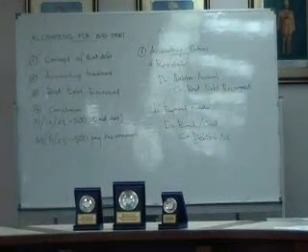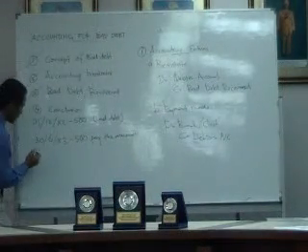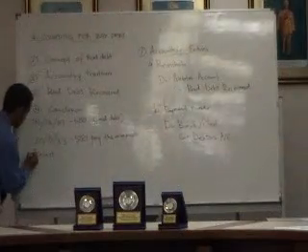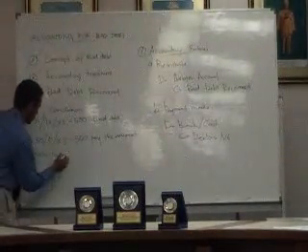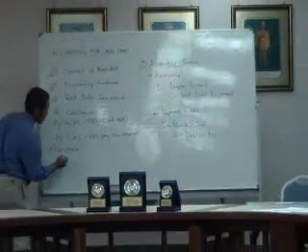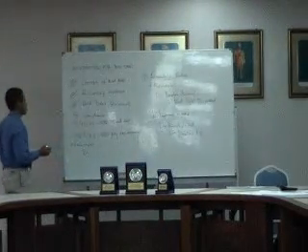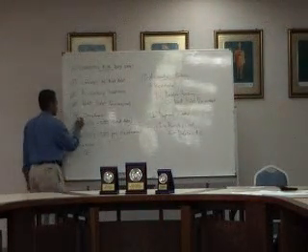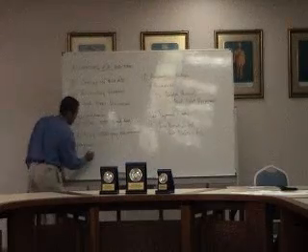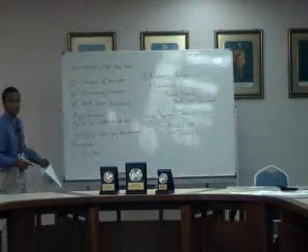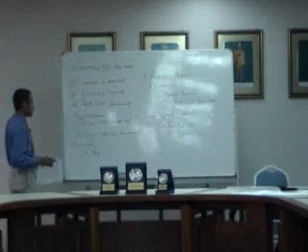What's the accounting entry? First, we need to reinstate back. We need to debit Abu with what amount? 500.